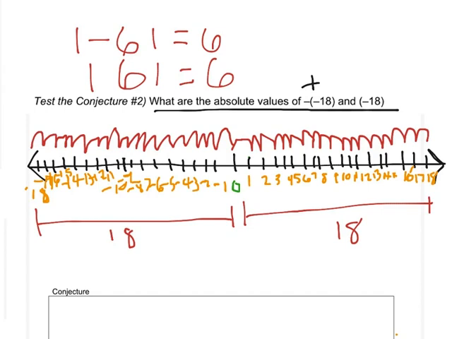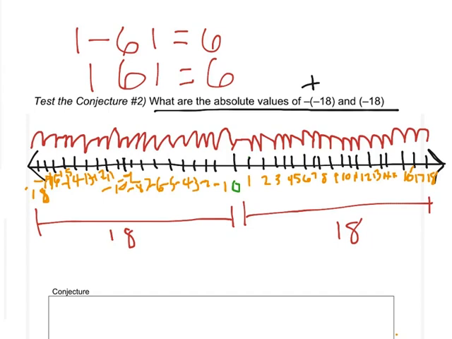On the next slide, you're going to write down what you think the relationship is or the rule about opposites and absolute value. When you come back, we're going to stamp our conjecture before you start practicing some of this on your own.